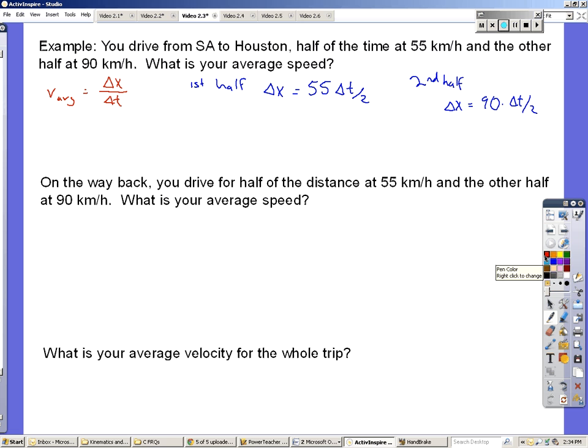And that means to get the total distance, we have 55 times delta t over 2 plus 90 times delta t over 2.